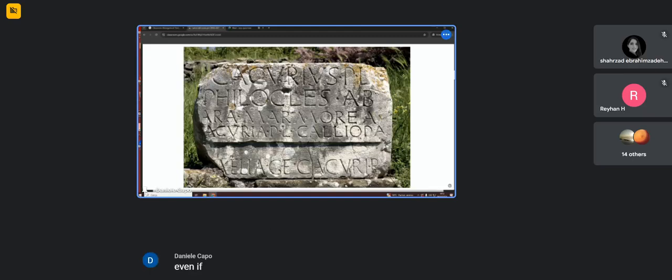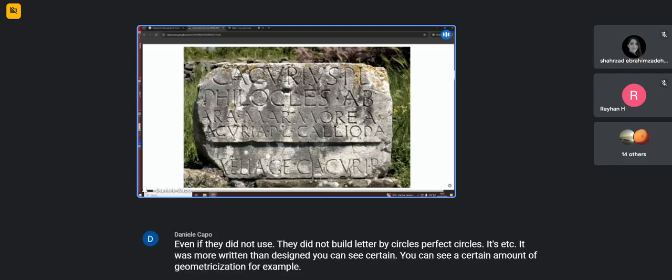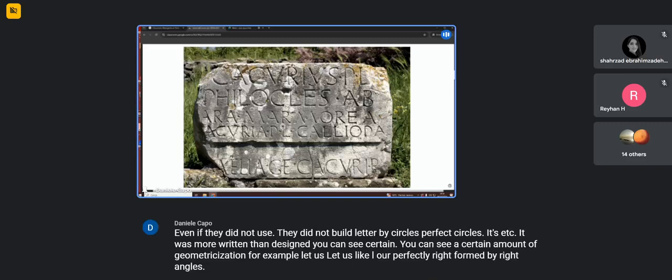They did not build letters by perfect circles, etc. It was more written than designed. But you can see a certain amount of geometrization. For example, letters like L are perfectly formed by right angles. O is a circle, etc.